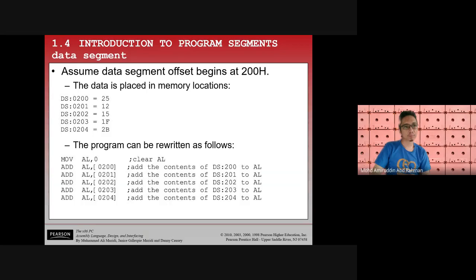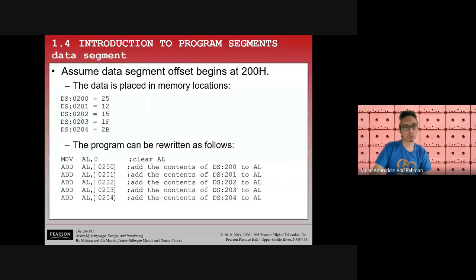So the program can be written as follows. First we initialize AL, so AL becomes 0, move AL, 0, and we add AL, the bracket 0200. We have the data segment already, so we just call that.